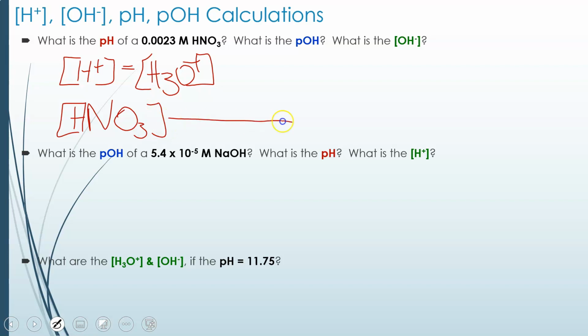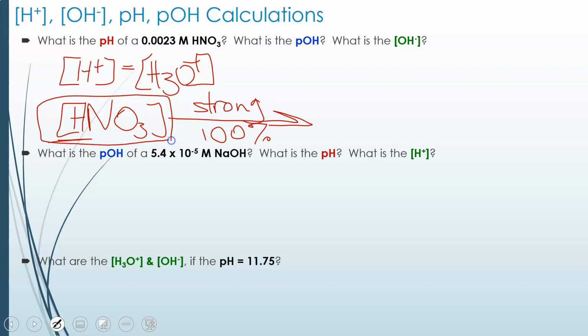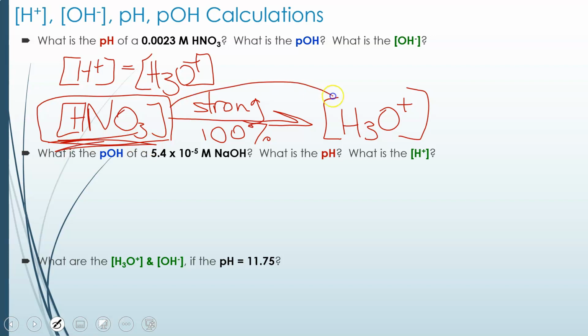What you need to know is that nitric acid is a strong acid, and that means that 100% of it will release this proton, and therefore whatever amount of this I started with, the second I put it in the water, I have the exact same amount of this in the water.